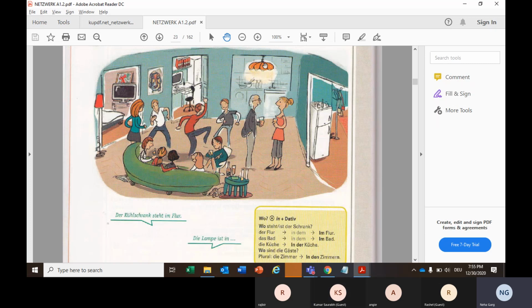It's at the wall now, so that's hängt an der Wand. Dann Leute tanzen im Raum. Die Leute tanzen. Okay, die Leute. Add all the articles, please.